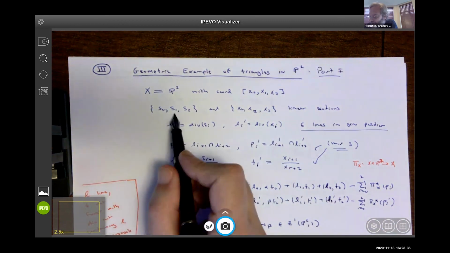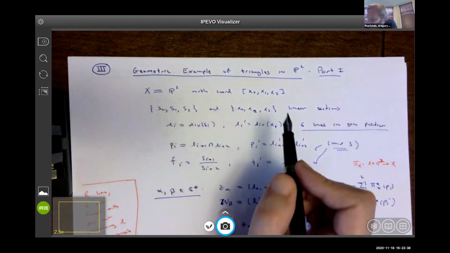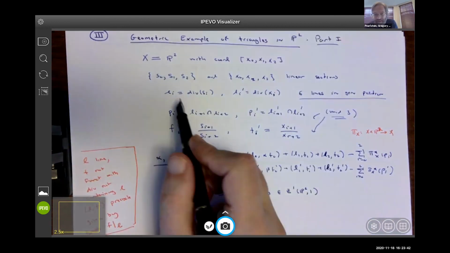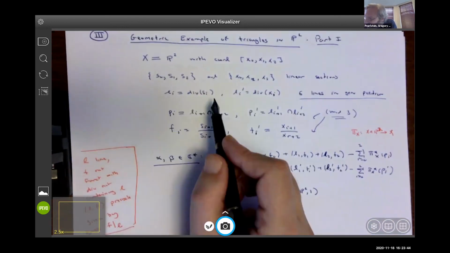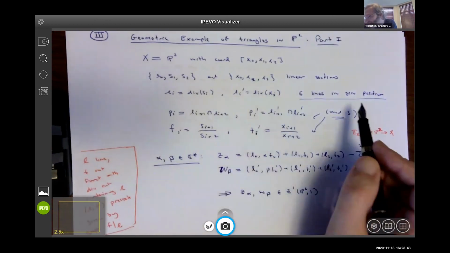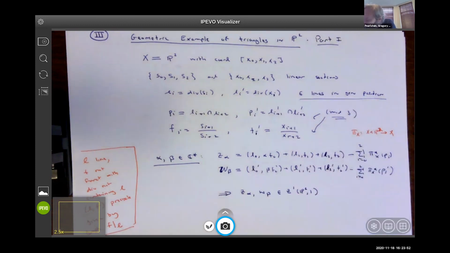So S0, S1, S2, and X0, X1, X2, these are all linear sections. Li is the divisor of Si, Li prime is the divisor of Xi. So these are just going to give us 6 lines in general position.